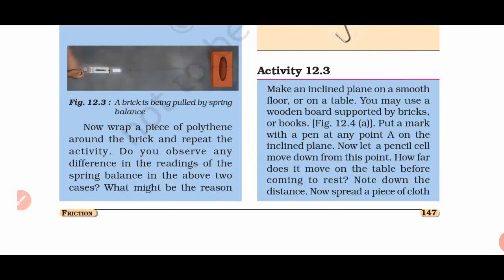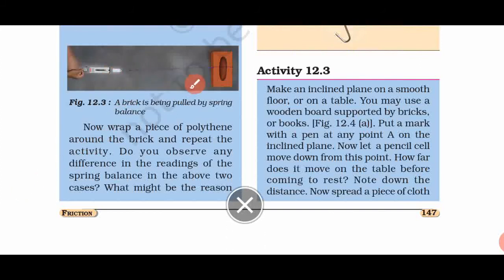What you have to do now is wrap a piece of polythene around the brick and repeat the activity. You have to wrap a piece of polythene around the brick and try to pull it again. Then, do you observe any difference in the reading of the spring balance in the above two cases? Yes, you will note the difference in the reading.